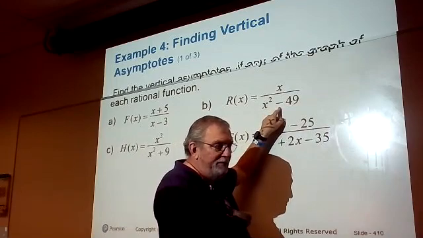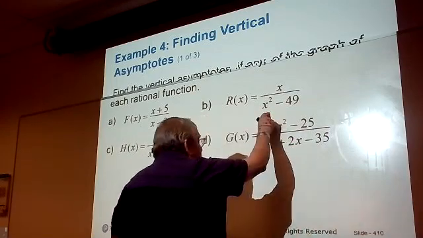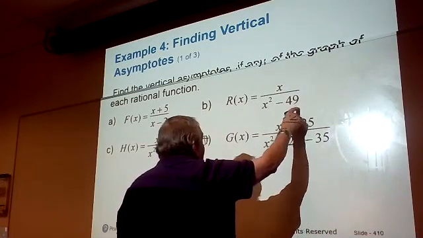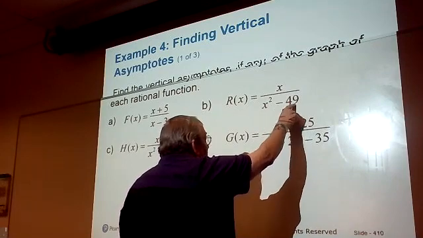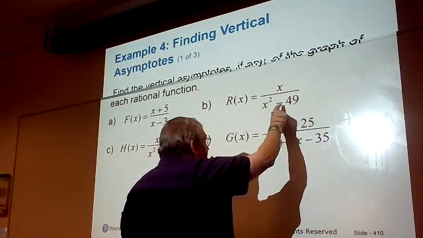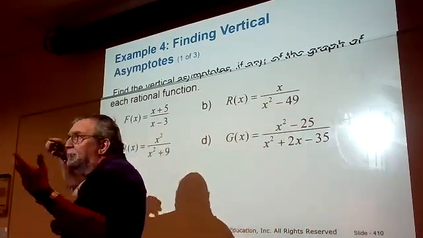For this one, I have to factor first. So I get x minus 7 times x plus 7. I have the difference of two squares. The square root of x squared is x, the square root of 49 is 7, so it's going to be x minus 7 and x plus 7.